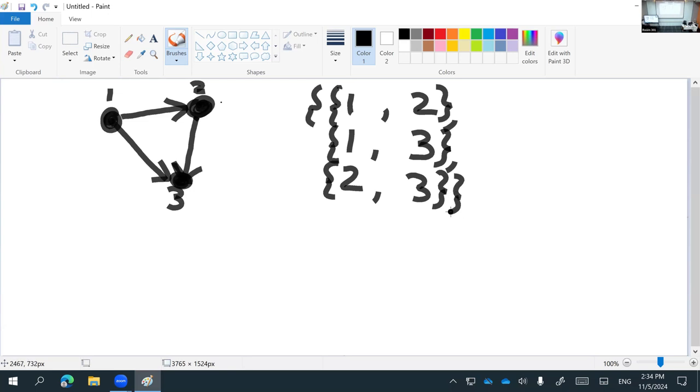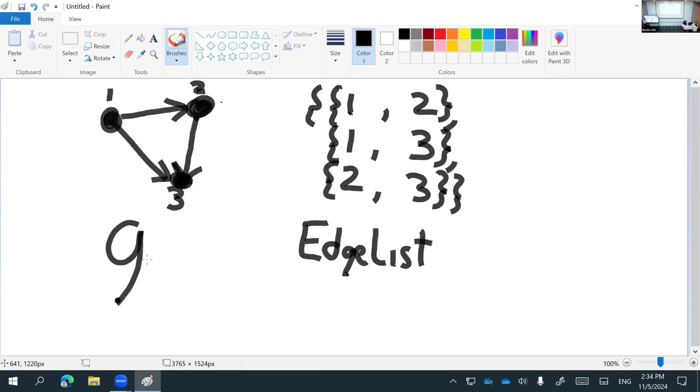This makes sense because this is 1, this is 2, 2, 1, 3, and 3, 3, 2. And in this case, you just point from the left to the right. However, this is an edge list. And this is the graph.